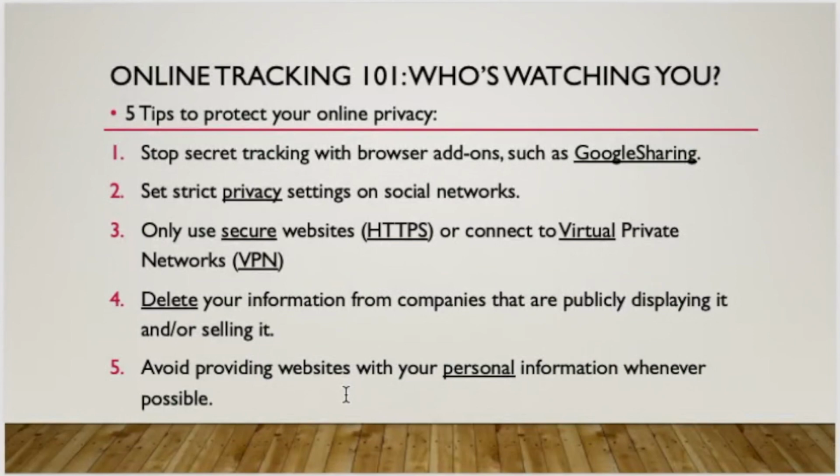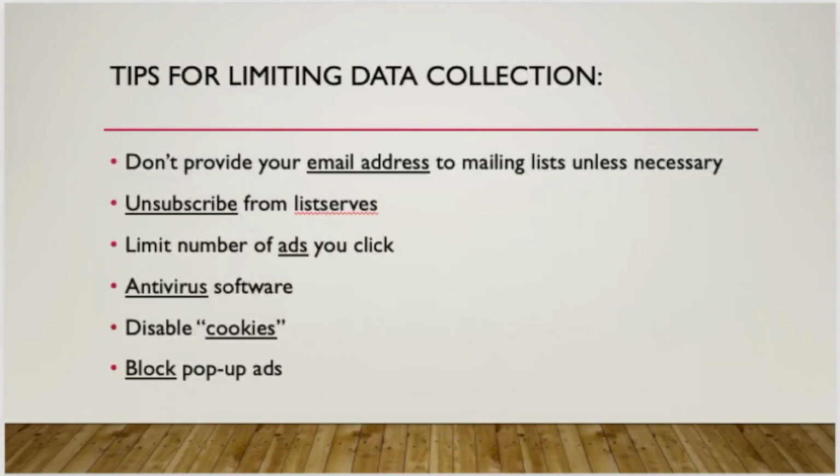You can go look up your information on White Pages and it can tell people your home address, your phone number, your siblings' names, your parents' names, the age range that they're in, and you can actually submit a request to these companies to remove your information from their website. And then avoid providing websites with your personal information if it's not absolutely necessary.